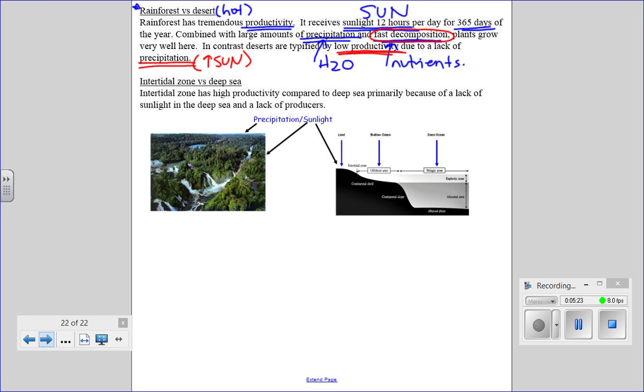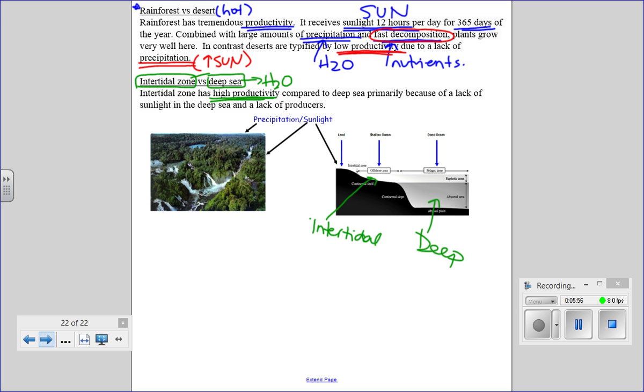Now we'll compare two other areas as well, the intertidal zone versus the deep sea. So over here on the picture, this is the deep sea, and this is intertidal. So basically we're talking about areas of the ocean that are close to the shore and areas that are farther away. The intertidal zone has high productivity compared to the deep sea, but in this case it has nothing at all to do with water.